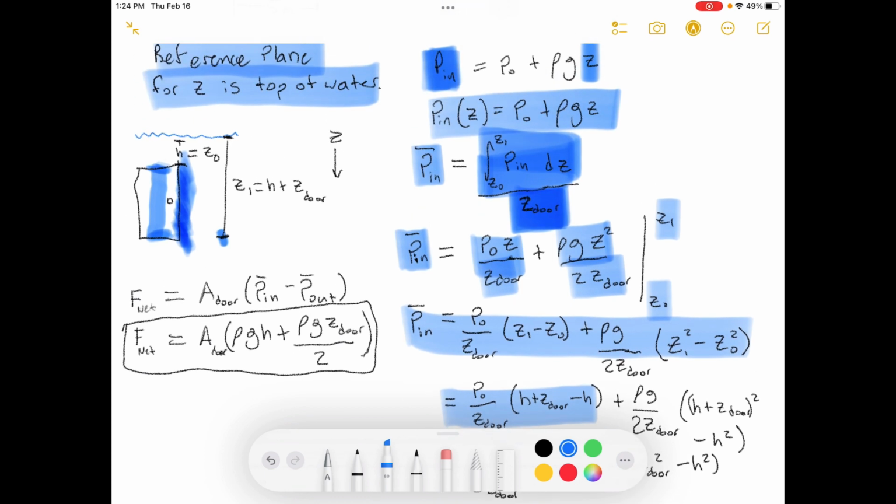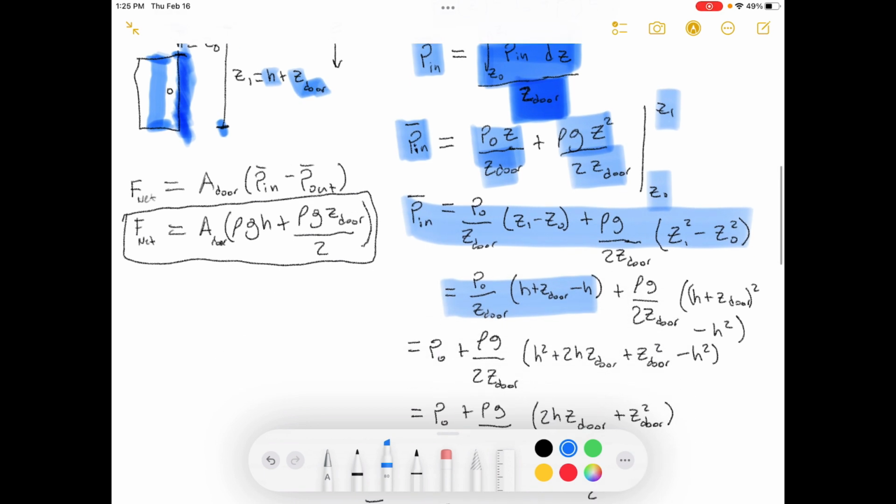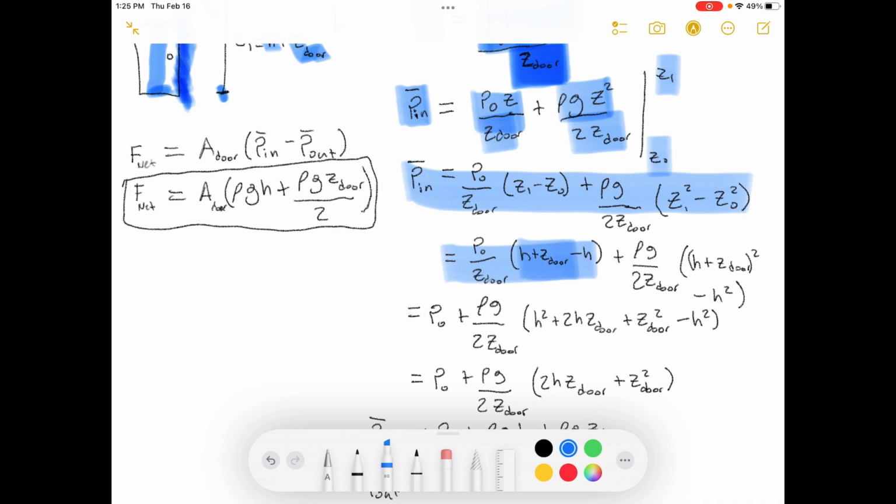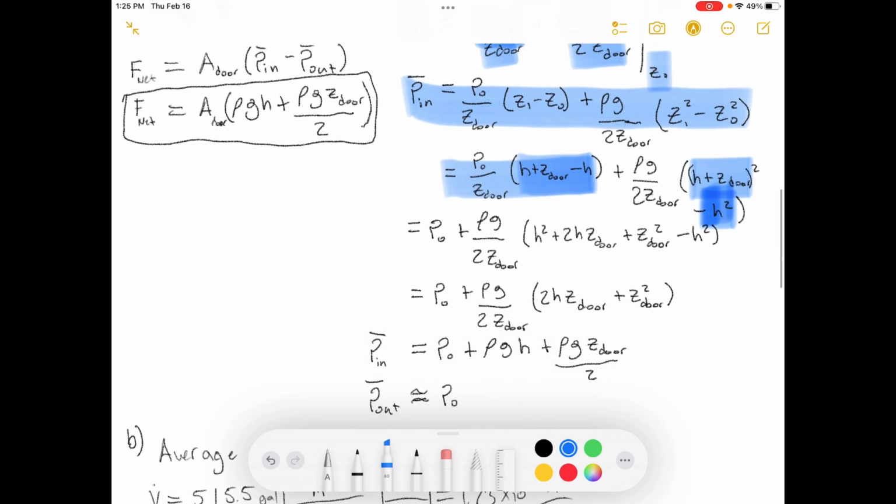You'll see that h is the top of the water to the top of the door, so z0 is equal to h, and z1 is equal to h plus the length of the door, so h plus z door. So we substitute in those here and there. I ran out of room here, so it's a little confusing, but you can see on the next line how that works out.